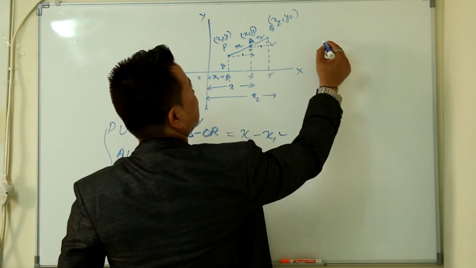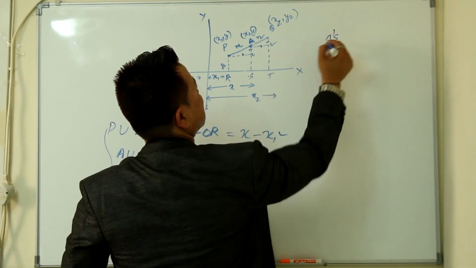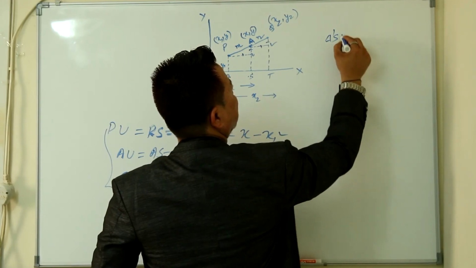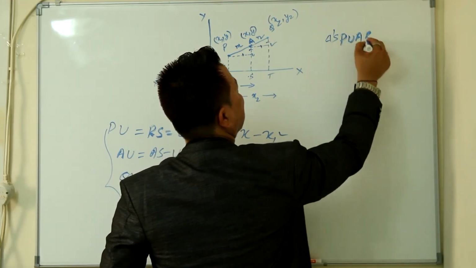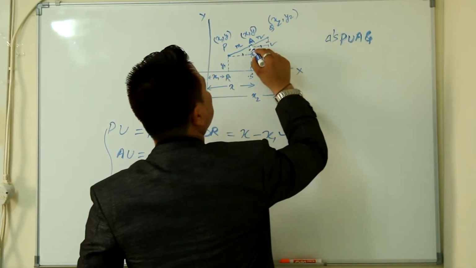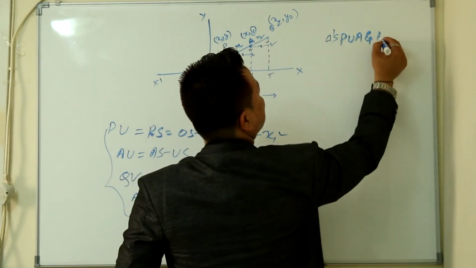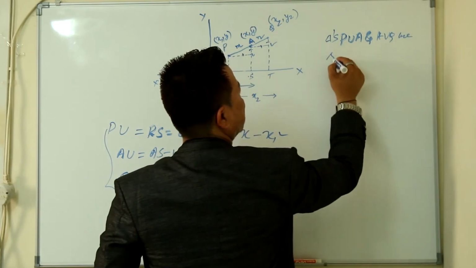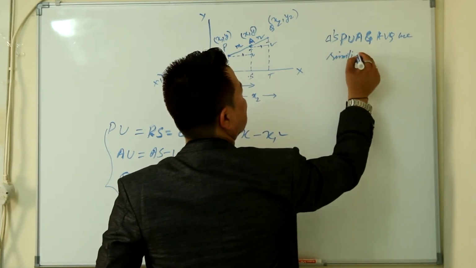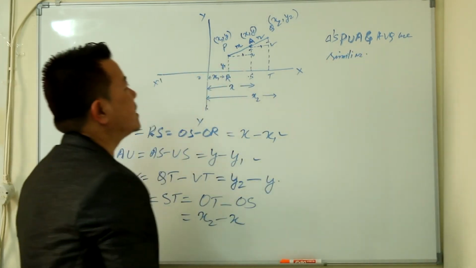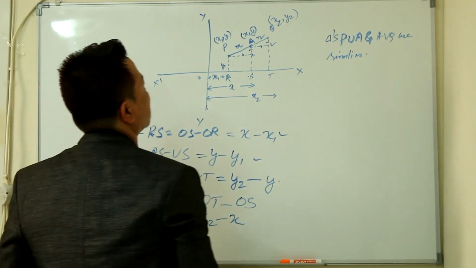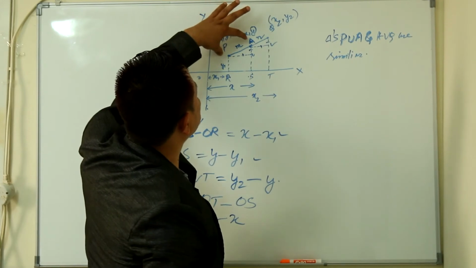So here, triangles PUA and AVQ are similar triangles. So if triangles are similar, then their corresponding sides are proportional. So what are the corresponding sides here now?